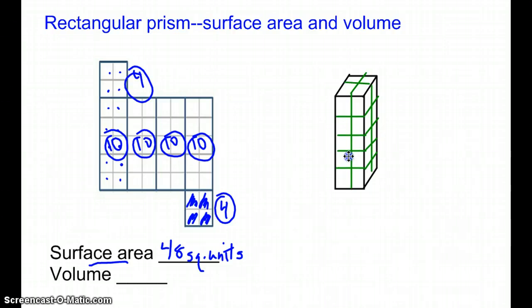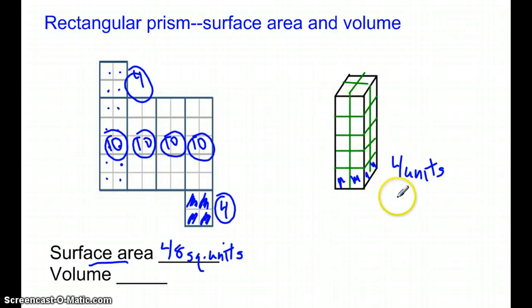Let's take a look. 4 units on the bottom. Let me try to make that a little bit better. There we go. 1, 2, 3, 4. So there are 4 units on the bottom. How many layers are there? There are 1, 2, 3, 4, 5 layers.